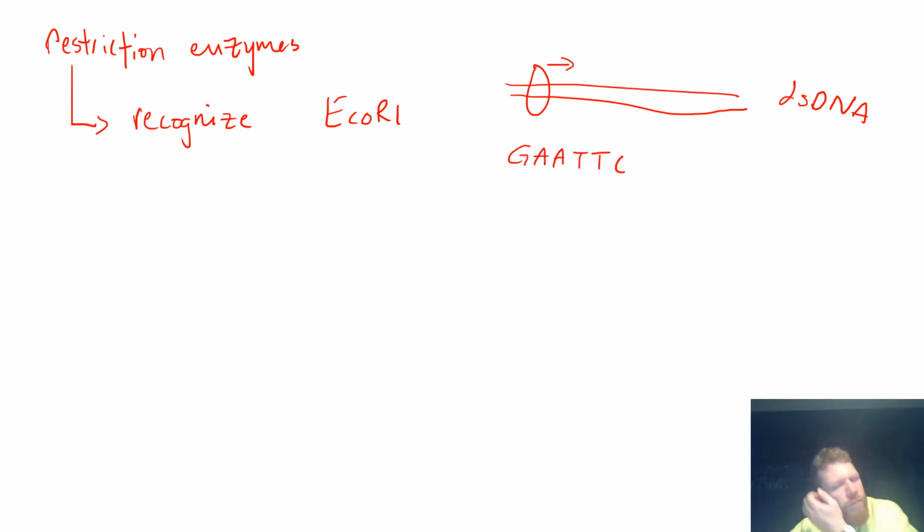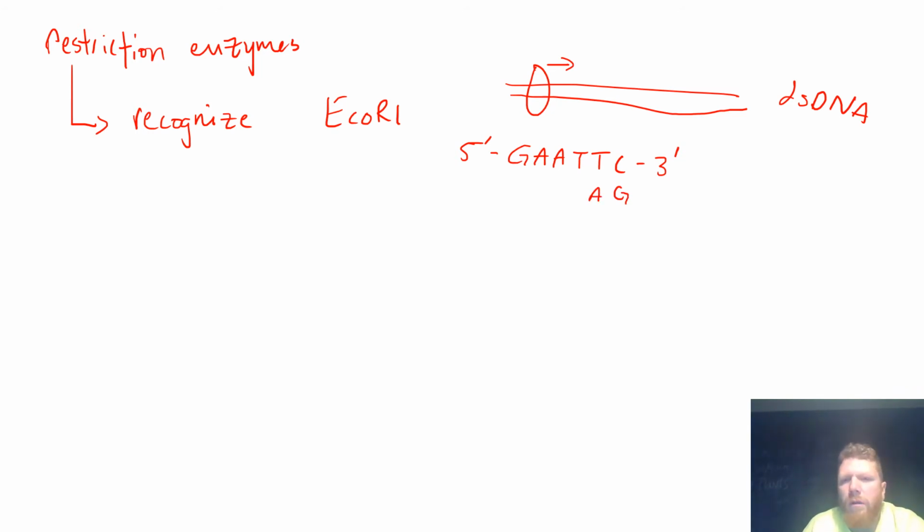And there are tons of different restriction enzymes, and they all have unique sequences. Just as EcoR1 is going to look for this, well, we know that this double-stranded DNA has a complementary strand.